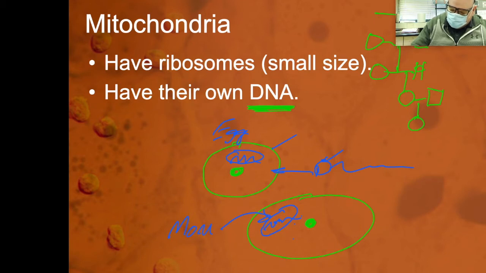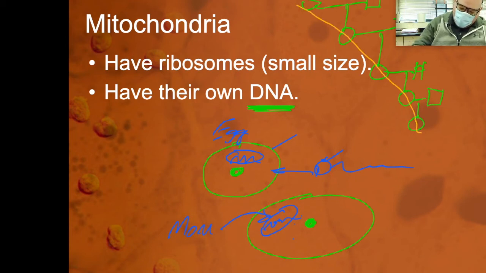This line should be going over here. Okay, let me back that up. All right. Square, circle, square, circle. So all these females right here have the same mitochondrial DNA, okay?